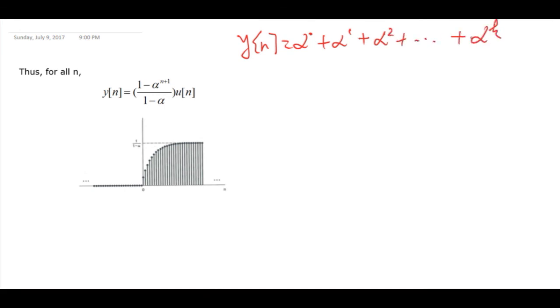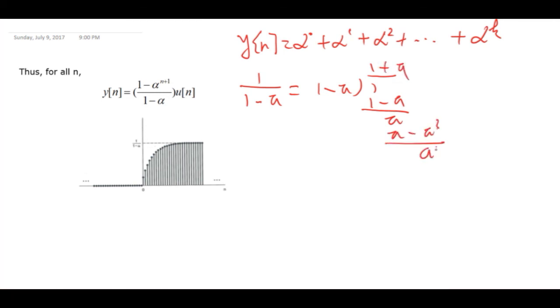Try to recall that 1 over 1 minus a, using long division, is equal to 1, then minus a becomes a, then plus a minus a square, then we have plus a square plus a cube, all the way until a cube, then we have a to the k plus 1.